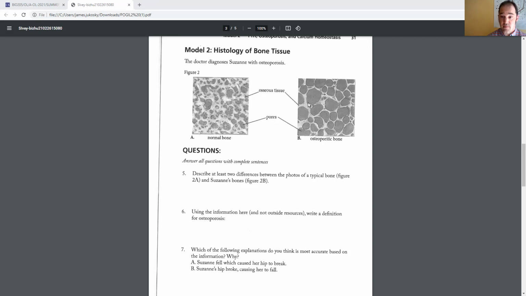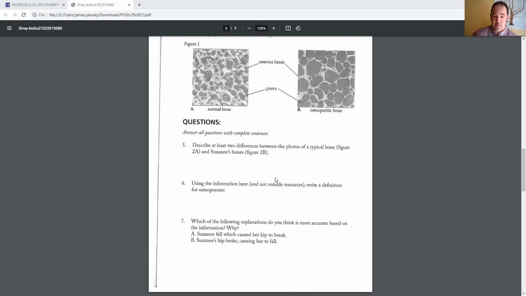So less bone tissue, bigger pores. Those are two differences between the normal bone and the osteoporotic bone. The definition of osteoporosis is less bone density, so there's less osseous tissue per square unit, whether millimeter or centimeter. So there's less dense bone tissue.